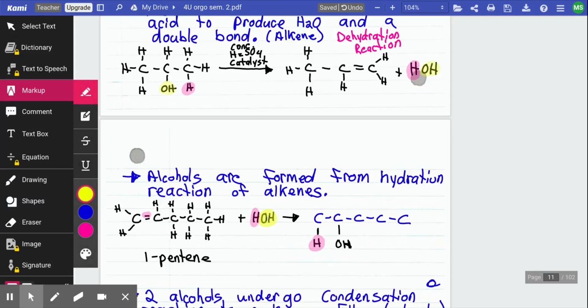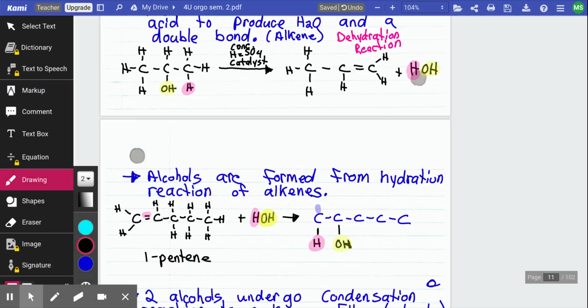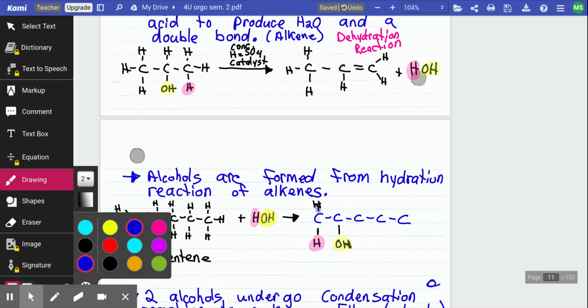And that's, again, you have to remember that Markovnikov's rule for the rich get richer. So the carbon that already has the most hydrogens is going to get the hydrogen in a hydration reaction, and you know this already. I just want to add my hydrogens because it'd be really bad communication if I did not.